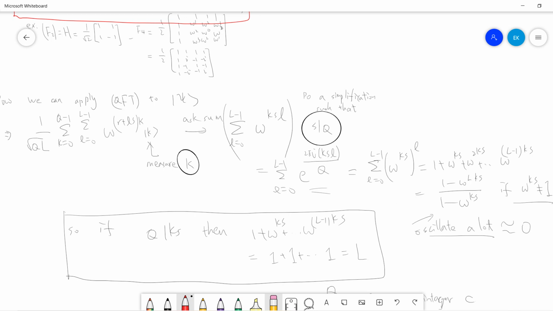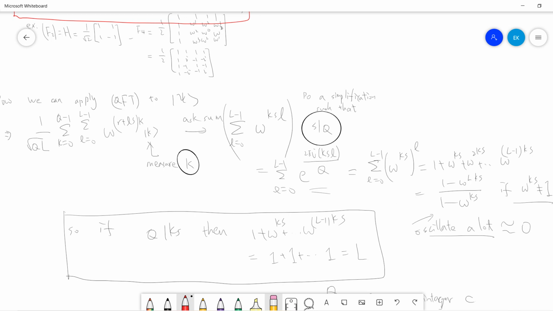The strange thing is that for each k, the coefficient is the sum from small l equals 0 to L minus 1 of omega to the k s l. There's a dual simplification that s divides Q. If s divides Q, then this can be rewritten as omega to the ks, to the power l, from 0 to L minus 1.